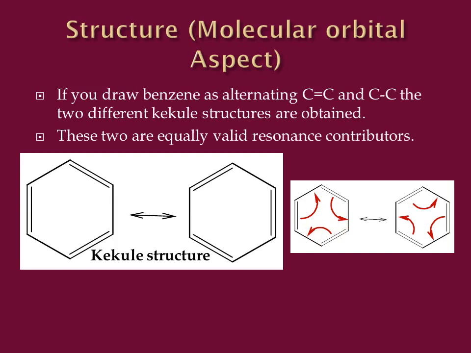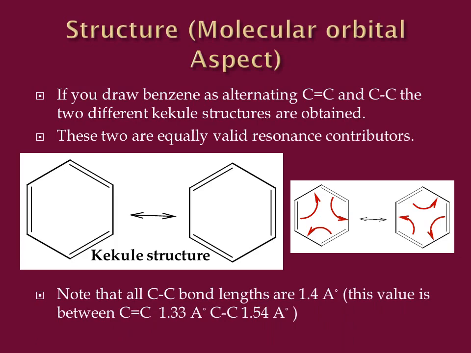Students, note down one thing: all the carbon to carbon bond lengths in benzene, whether between C double bond C or C single bond C, are 1.4 angstrom. This value lies between a true C double bond C length, which is 1.33 angstrom, and a true C single bond C, which is 1.54. So the CC bond length in benzene is between these two values, which is 1.4 angstroms.